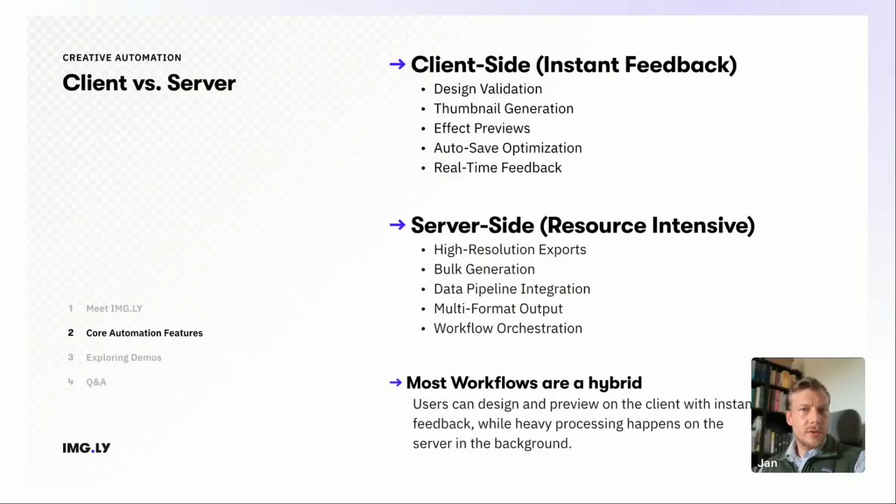And these kinds of previews that we render on the client also require the engine, as well as autosave optimizations. So you might want to occasionally render the scene, store it on a server, persist it, so that if anything happens, the work doesn't get lost.